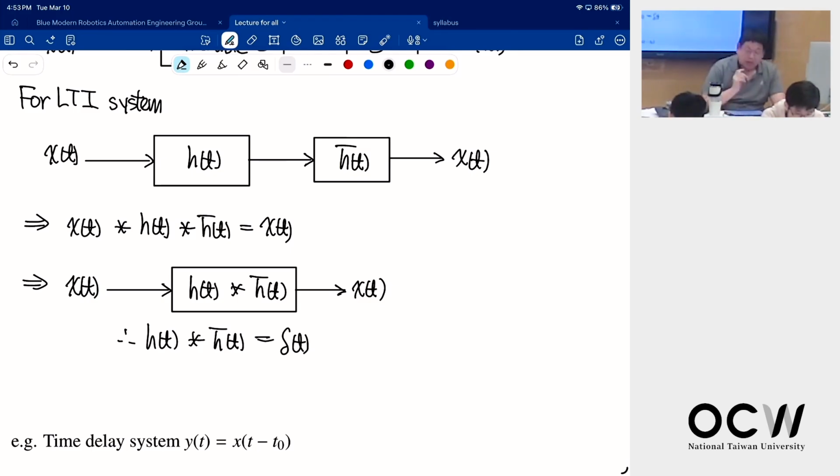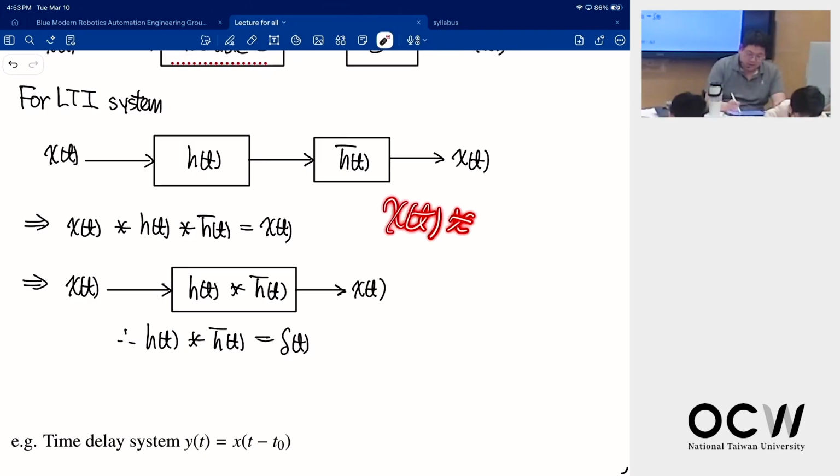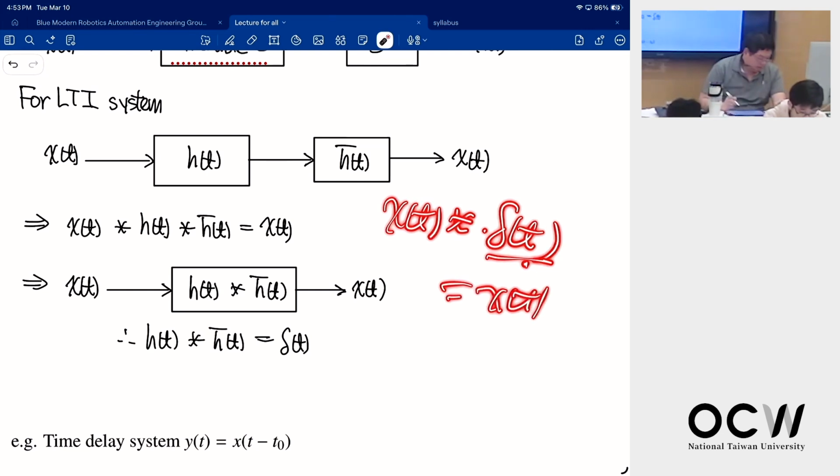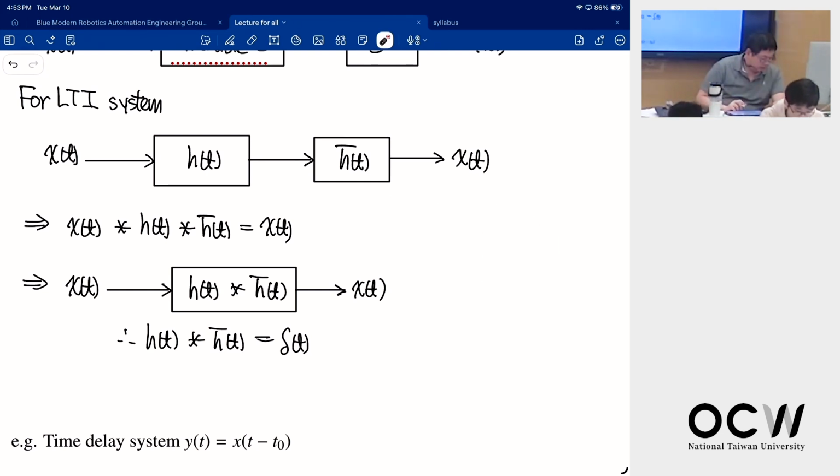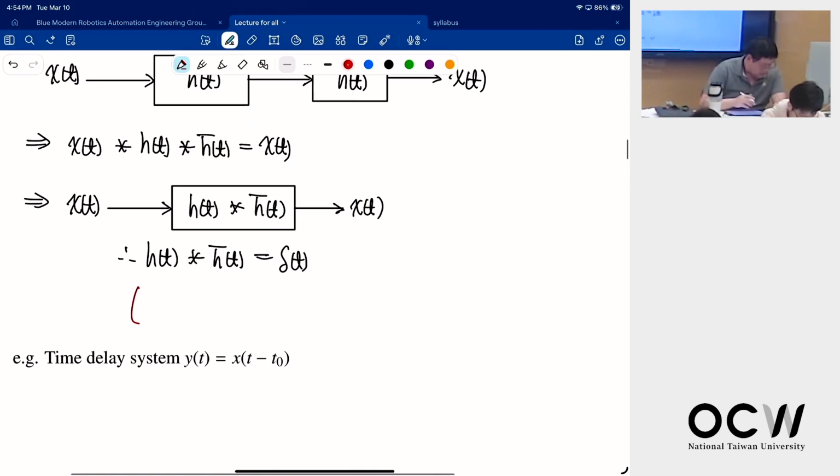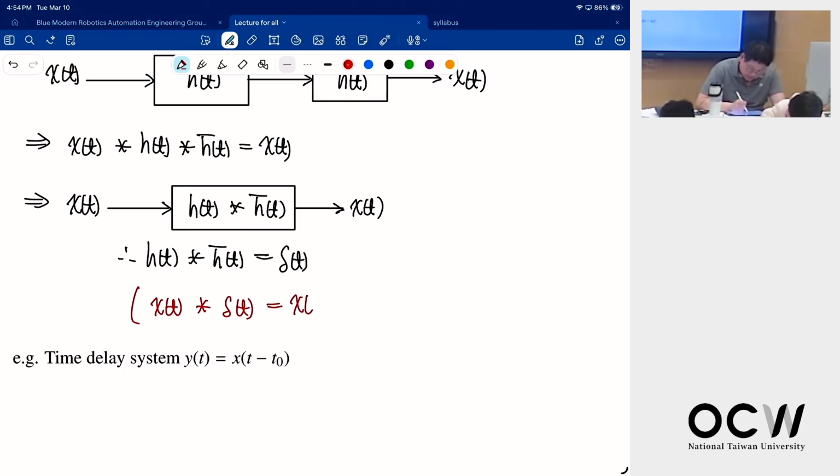The impulse signal, right? Because x convolved with unit impulse, you'll still get x.